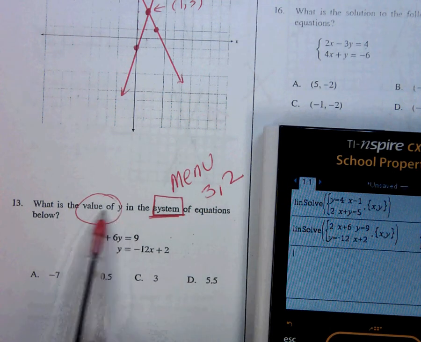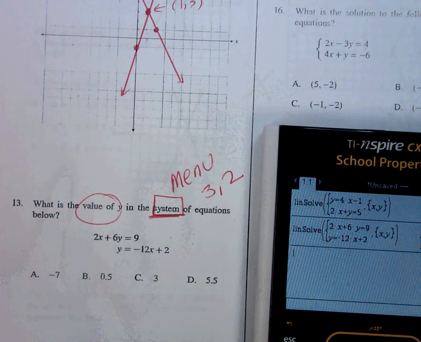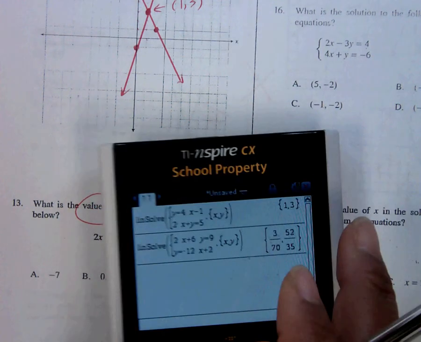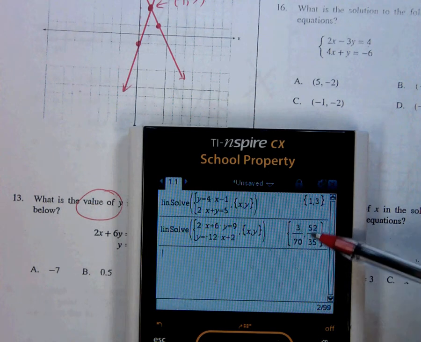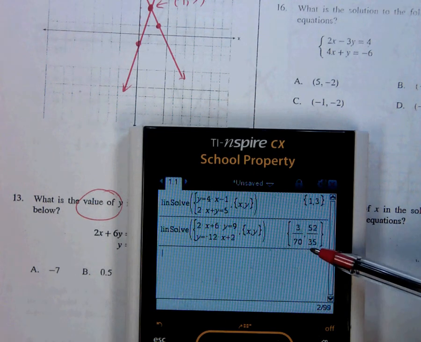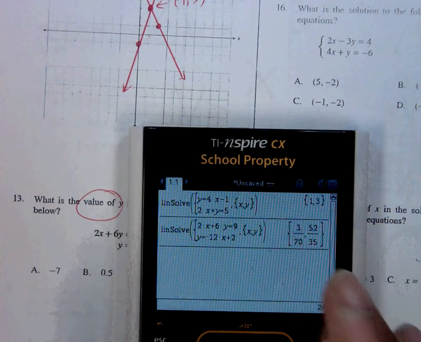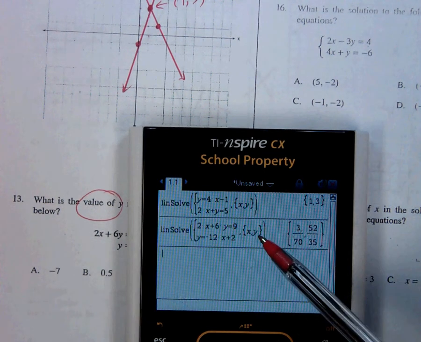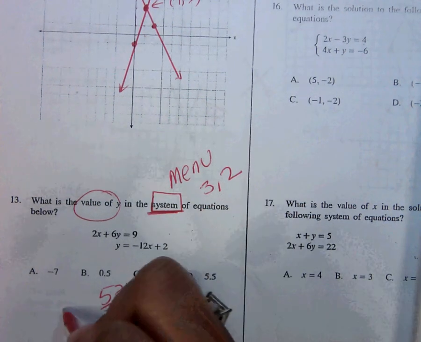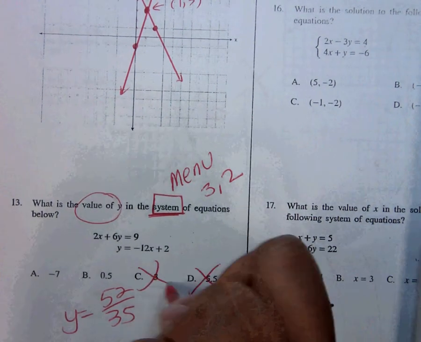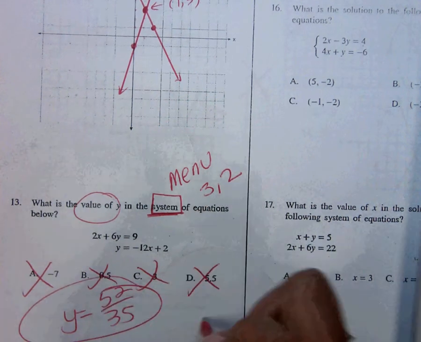But what did it ask for? The y value. So you're going to pick, now that you can see the solution, this second fraction. First was x, second was y. Do you see that answer choice? Nope. That's the answer.